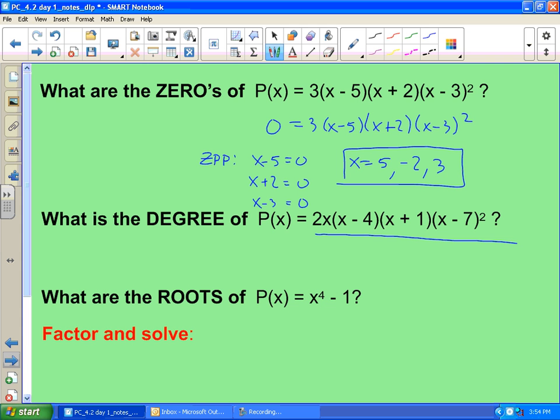Just looking at the factored form, we look at the powers on the x's: x to the first, x minus 4 to the first, x plus 1 to the first, x minus 7 squared. So I simply add up my powers: 1 plus 1 plus 1 plus 2. So I have a power telling me I've got a fifth degree polynomial here.